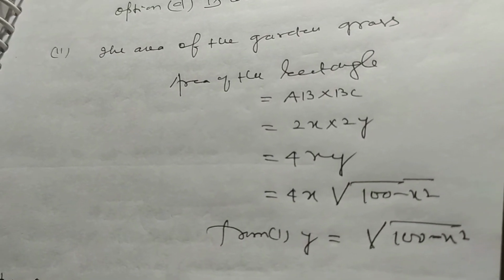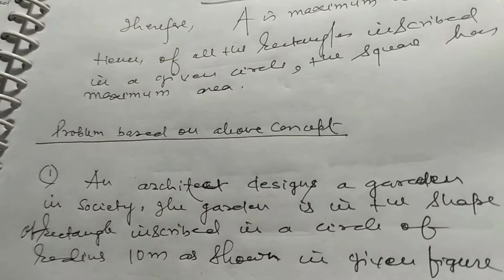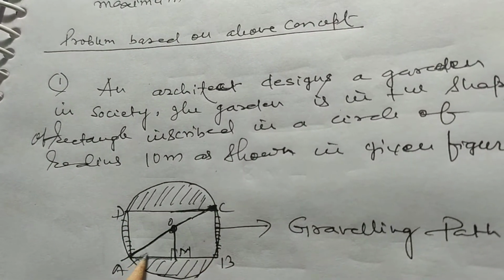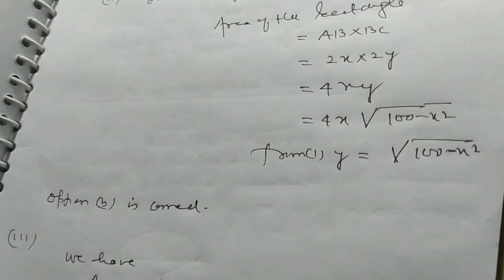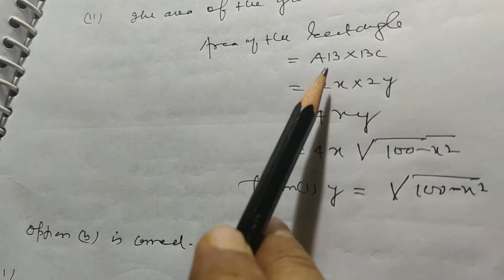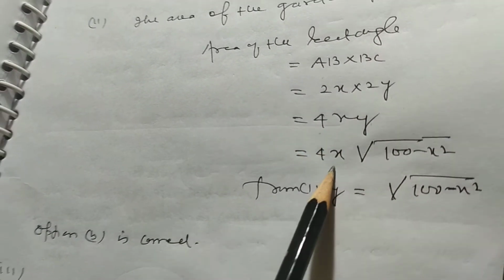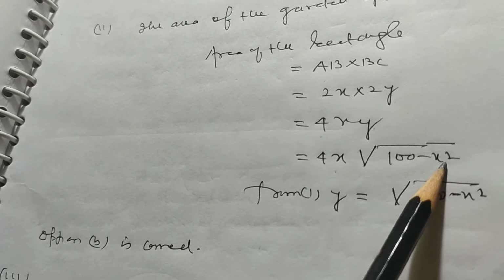Now, the area of the garden grass is equal to the area of the rectangle. This is the area of the rectangle. This is the area of the garden grass. So the area of the rectangle is length into breadth. Length is twice x and breadth is twice y. So 2x into 2y is equal to 4xy, that is 4x root over 100 minus x square.